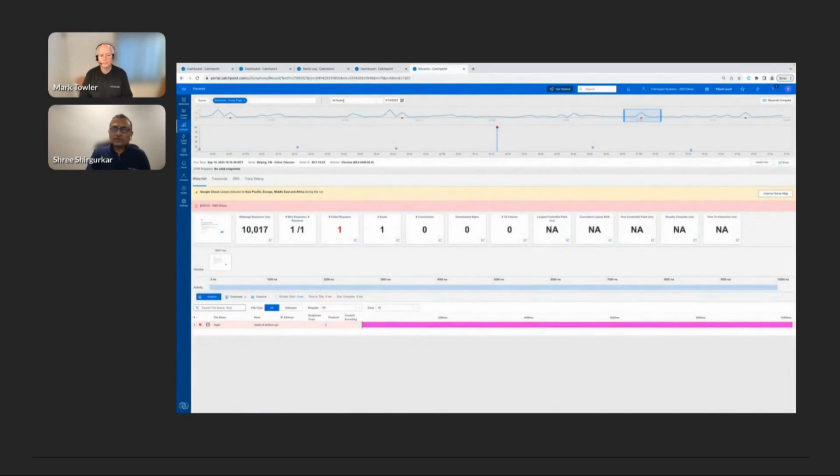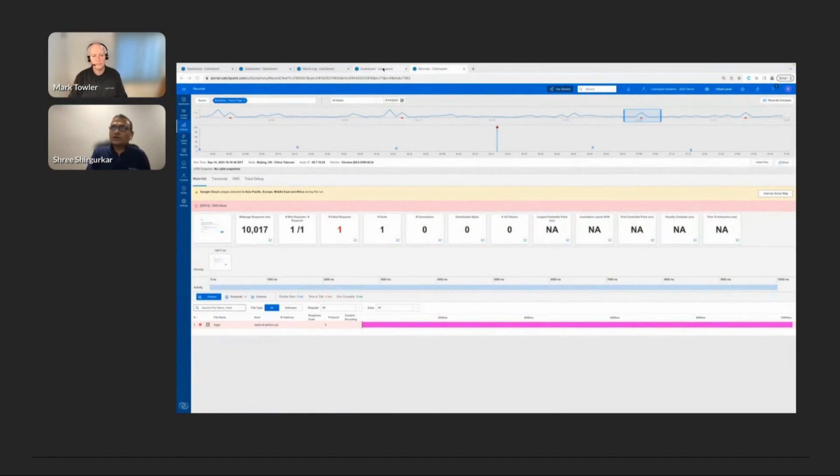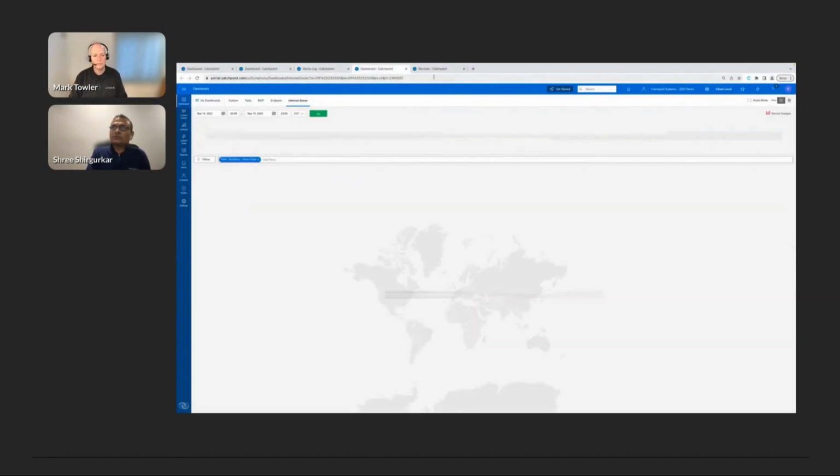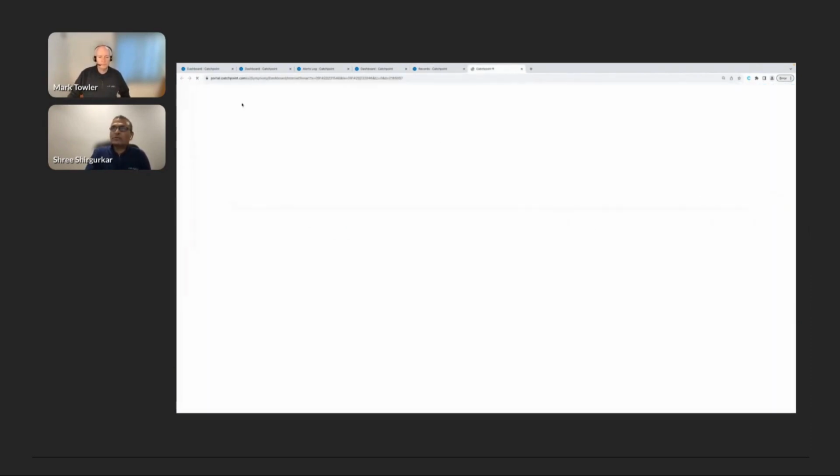This one was showing the Google Cloud outage in the records page, while here, momentarily, the Google Cloud outage is shown in this page as well. The same ability is available with the Internet Sonar map. If you click on the Internet Sonar map, it will show you the outages as well.